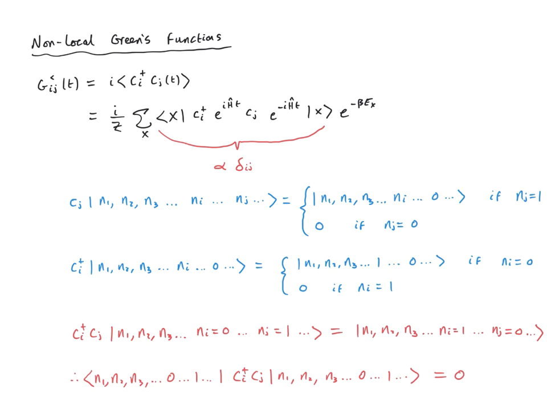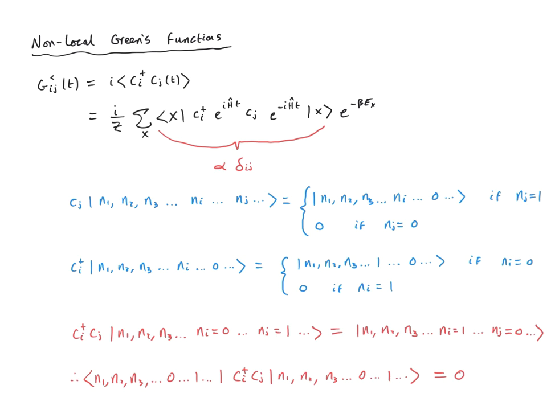And now you can see that if I were to pre-multiply this equation by the bra of this state, then I obtain this matrix element, and this is equal to 0, because on the right-hand side, I would have the bracket of this state with this state, and these are orthogonal. So this shows that if the operators i and j are not the same, then this matrix element will be equal to 0.